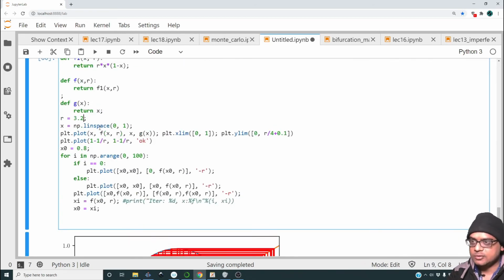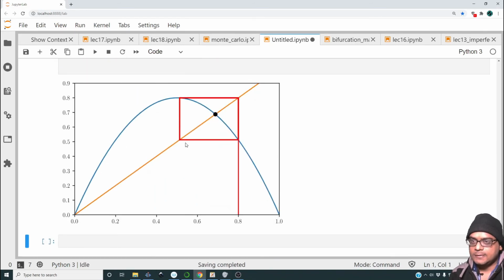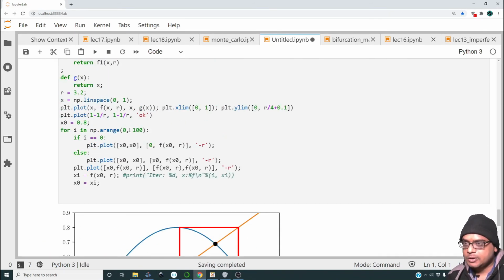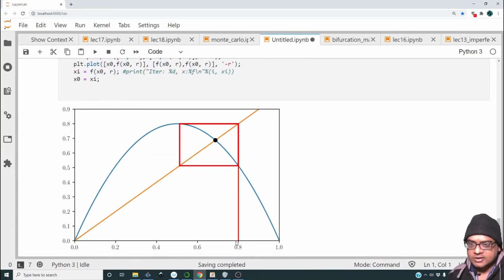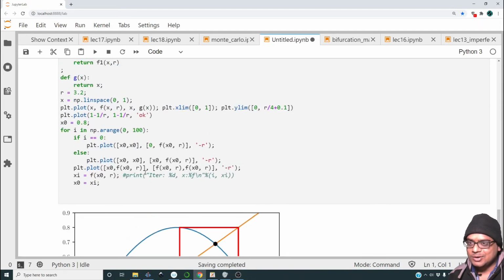Let me reduce the parameter. After reducing the parameter, you can see that it's settling on these two roots. So if I start from here, it's like going in, I mean, in a metaphorical circle, it's going in a rectangle across those two iterates, but let us try to show it also.